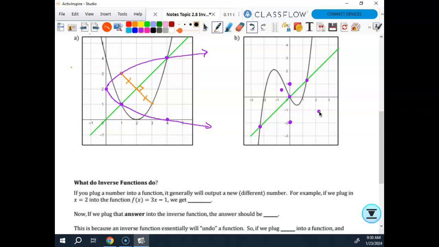Then, can I sketch this in at this point? Because I know what the general shape should be, right? And I know that this point reflected down here and this point reflected from here. So it should go in kind of like that.